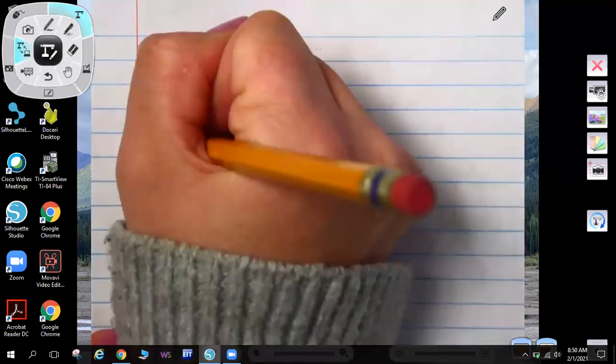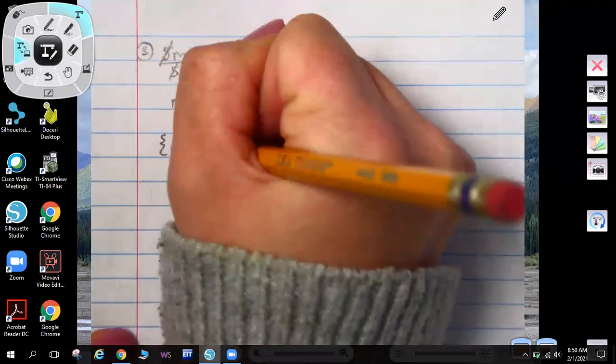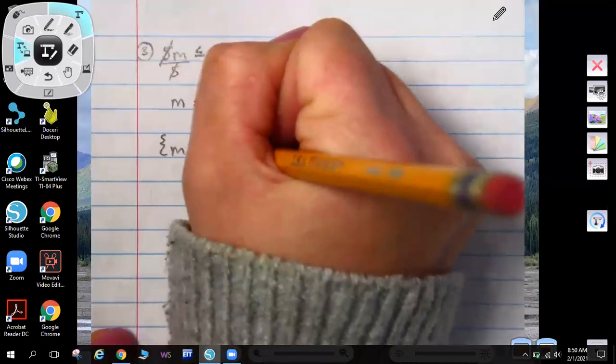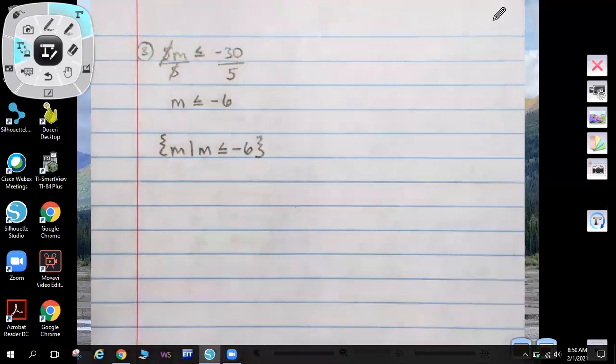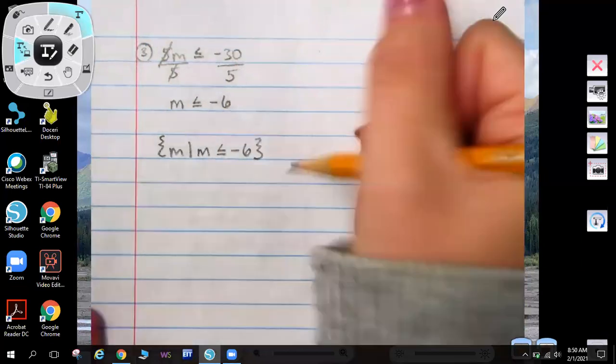Set notation, the set of all m values such that m is less than or equal to negative 6. And since m is less than or equal to negative 6, I know that negative 6 is kind of my stopping point, so it's going to be on the right side of my interval notation.